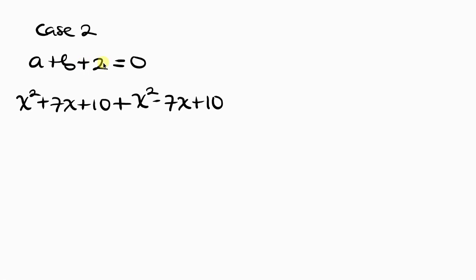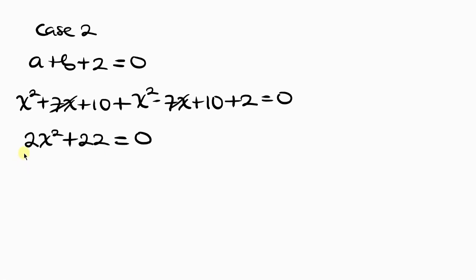And then we have plus 2 here, so plus 2 equal to 0. Now let's add up. x squared plus x squared is 2x squared. Now 7x minus 7x is actually gone. And then we have 10 plus 10, that's 20, plus 2, that's 22. So plus 22 is equal to 0.